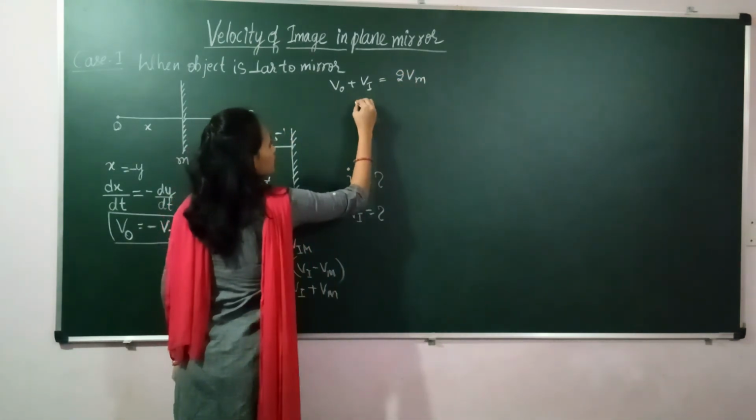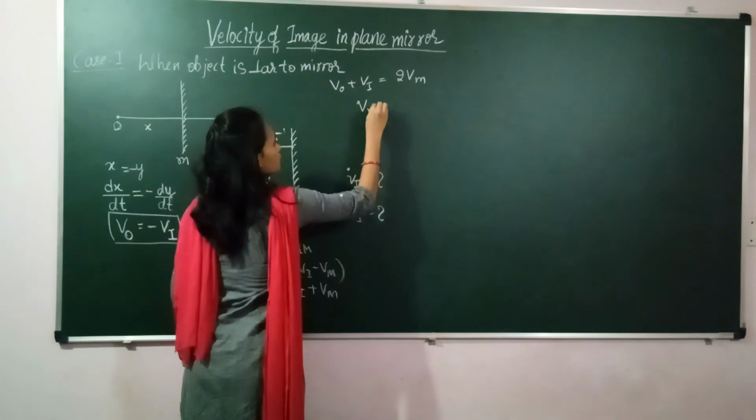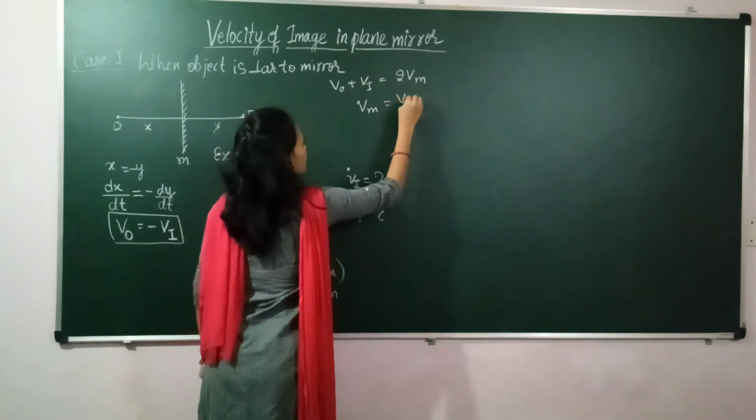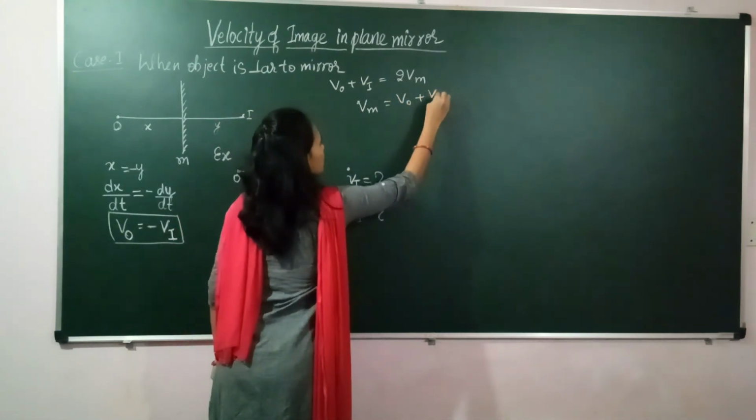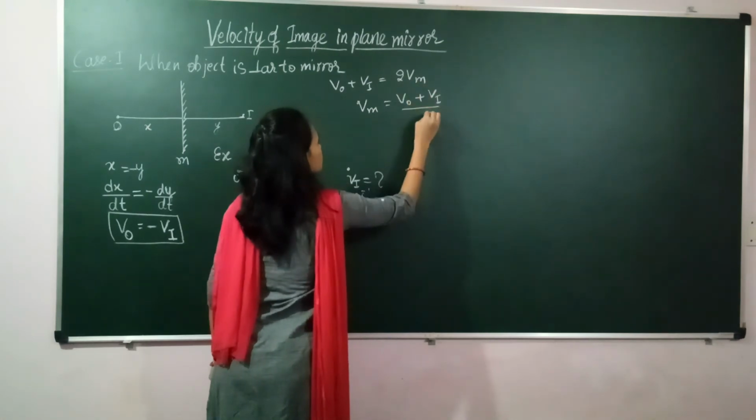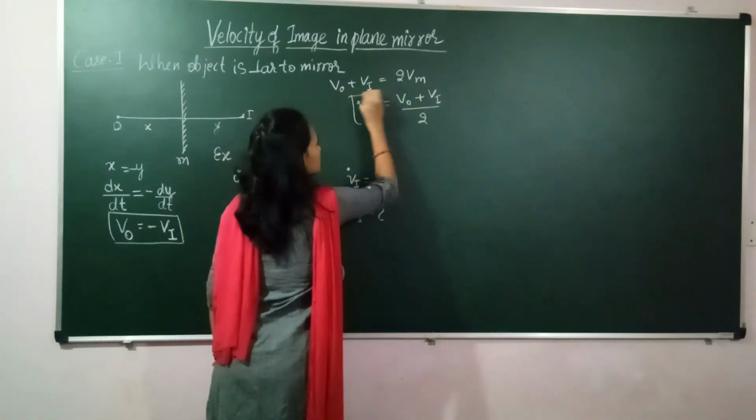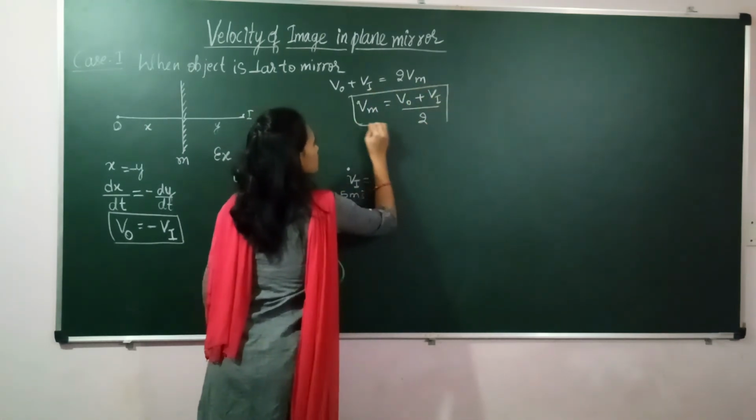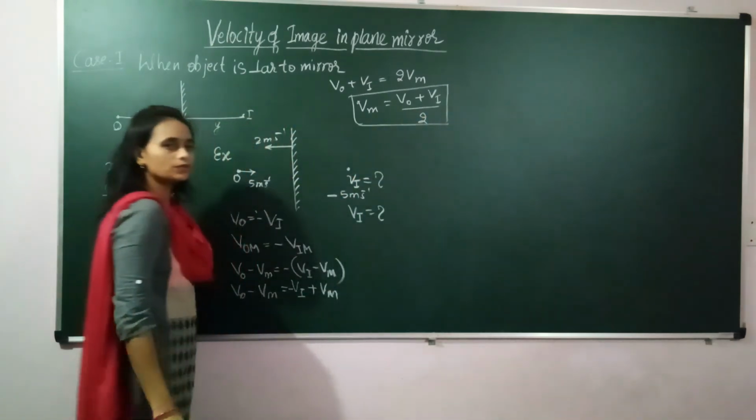If you write it on this side, velocity of mirror is equal to Vo plus Vi divided by 2. So this is the formula to find the velocity of the mirror.